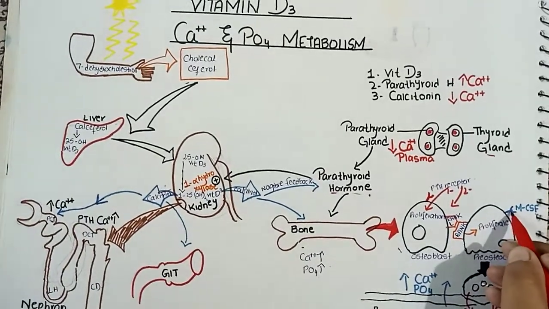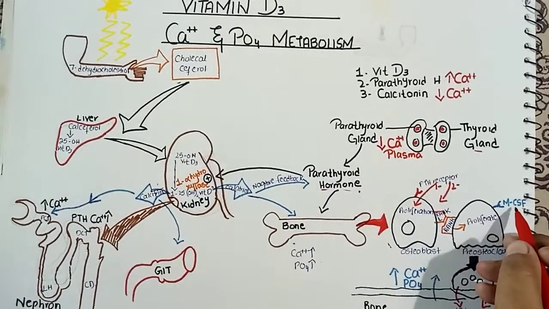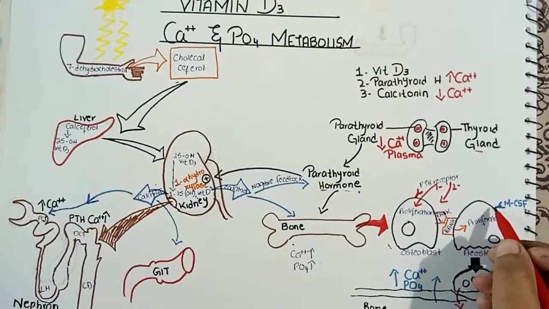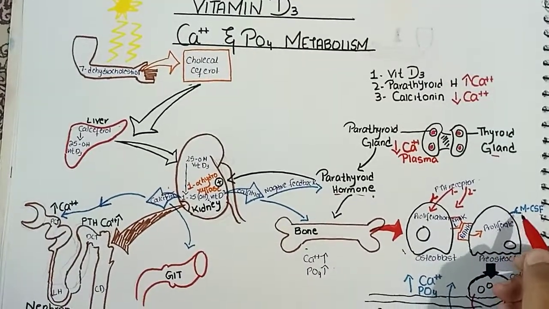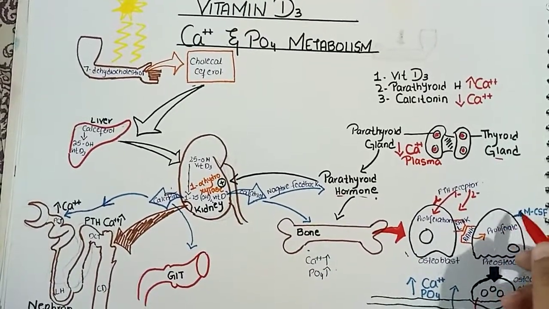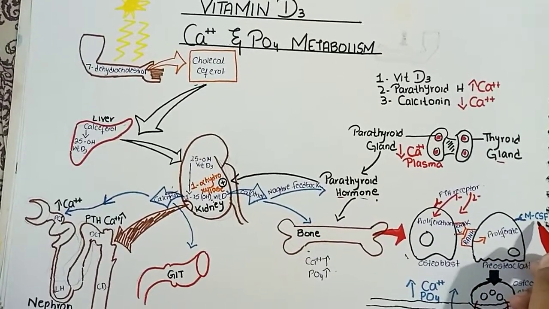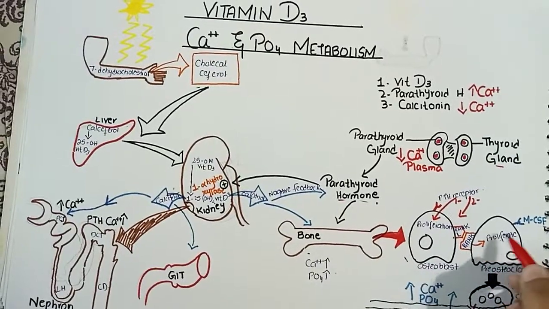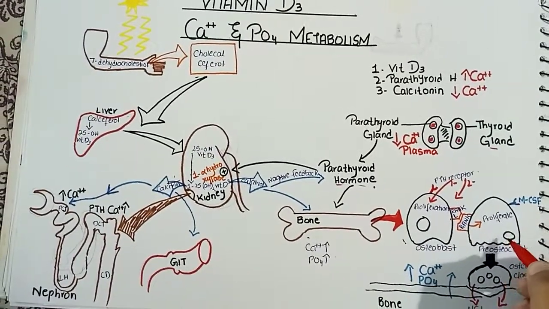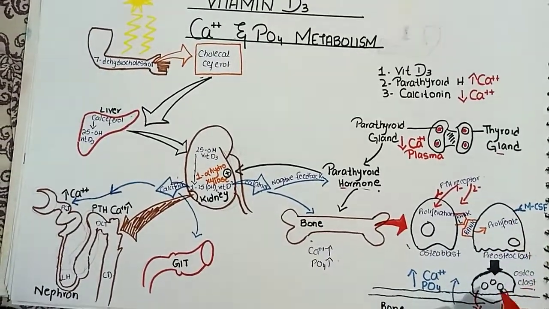And the second chemical, known as the macrophage colony stimulating factor, also participates in the further proliferation of the pre-osteoclast. So RANK ligand and macrophage colony stimulating factor, these two chemicals are involved in the proliferation of the pre-osteoclast to the mature osteoclast.